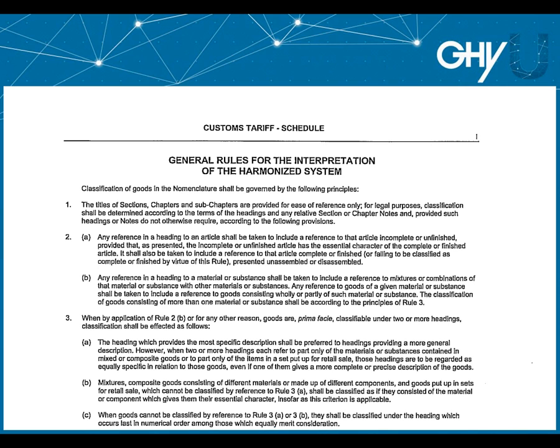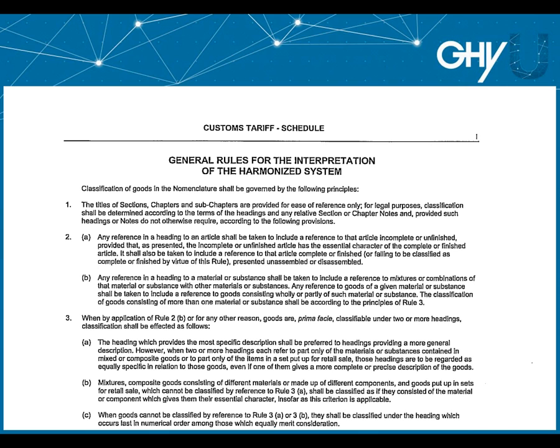Following, I'd like to provide an example of the use of the 6 general interpretive rules in tariff classification. We're going to look at a bicycle imported into Canada in a knockdown or unassembled condition. Bicycles have a non-NAFTA duty rate into Canada of 13%. Most bicycle parts have a non-NAFTA duty rate of 0, or duty-free, into Canada.